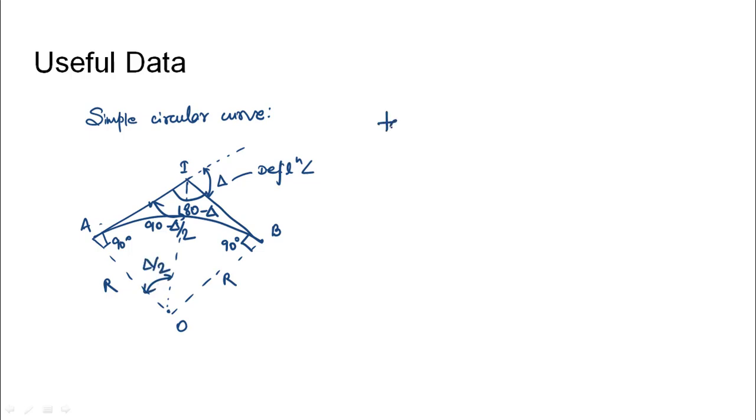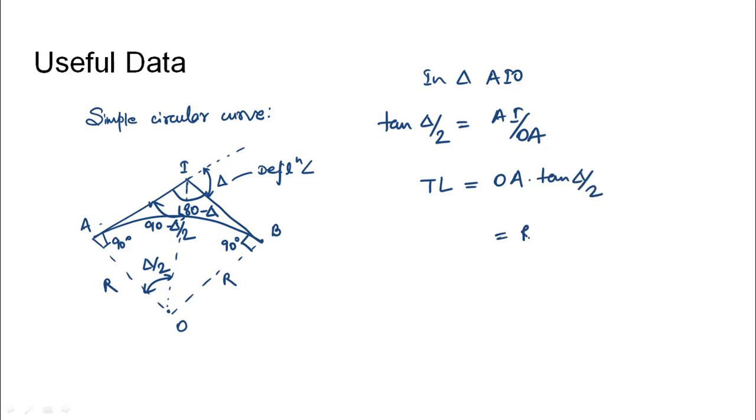So it can be seen that in triangle A, I and O, tan of delta by 2 would be equal to AI by OA. So AI is nothing but the tangent length, that is called as TL, which will be equal to OA into tan of delta by 2. So OA is nothing but the radius of the curve, which will be operated with tan delta by 2.